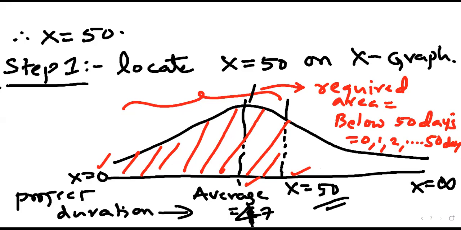Yes, Likith, do you want to ask any question? Sir, from the left side, the graph must be divided exactly equal, right, sir? Why? Here, 50 means what?